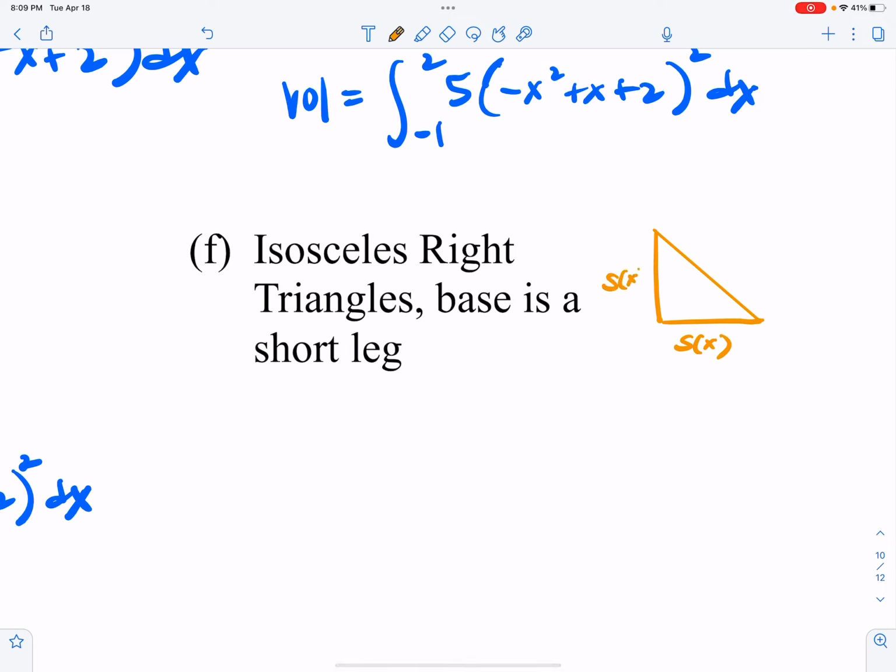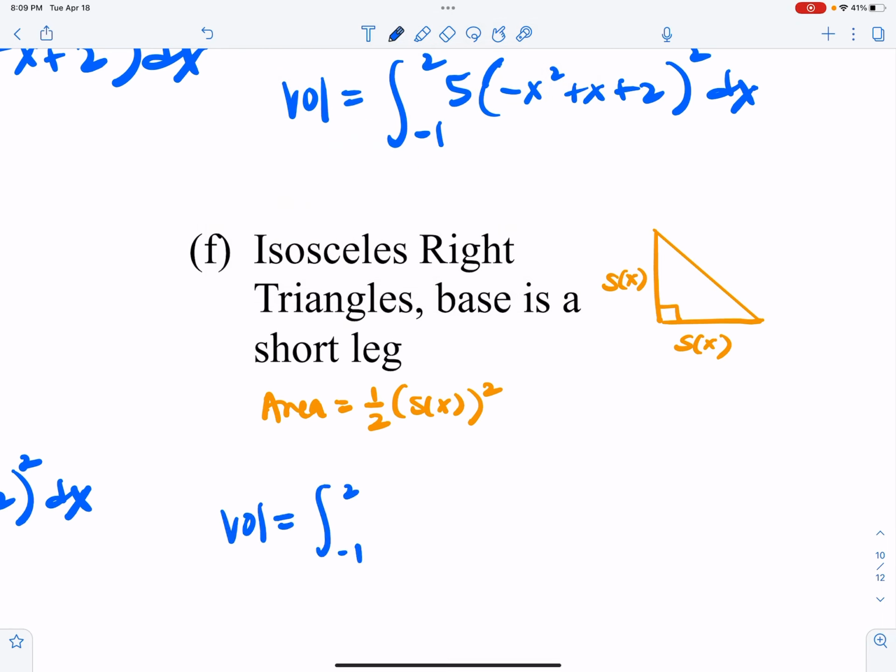That means that the height is also S of x, right triangle. So the area would be 1/2 base times height. So in this case, it would be 1/2 times S of x squared. So volume would be the integral from -1 to 2 of 1/2 times negative x squared plus x plus 2, squared, dx.